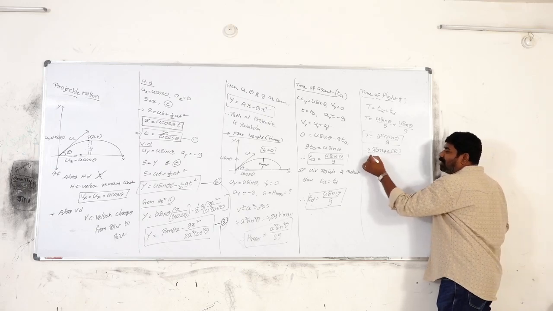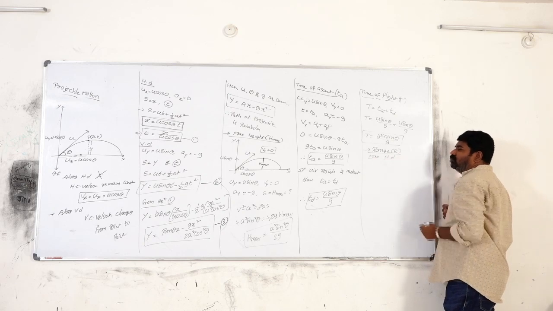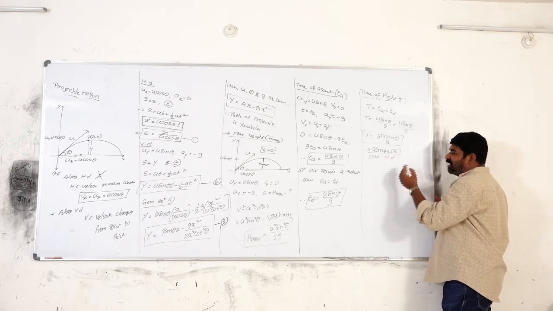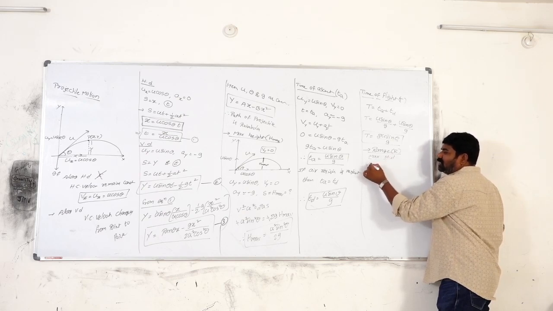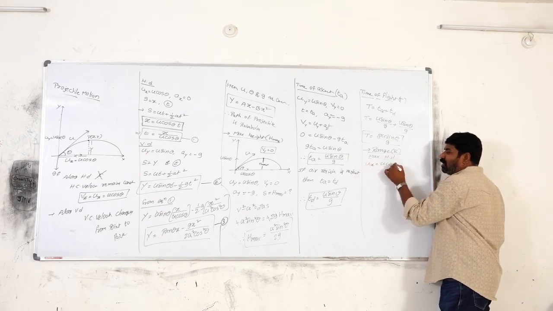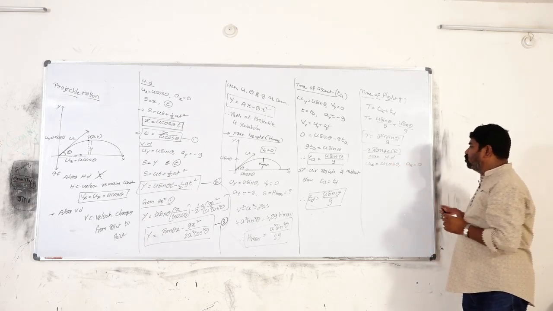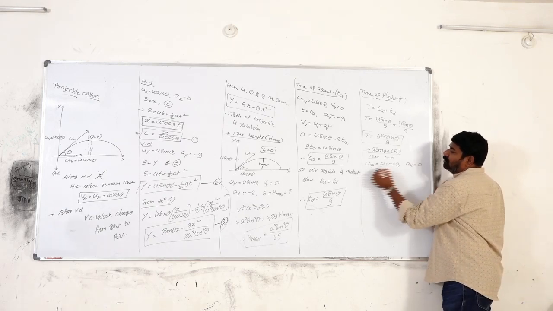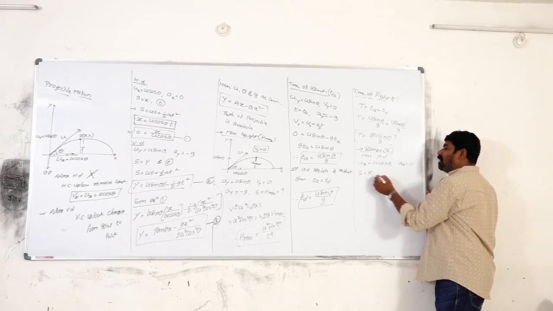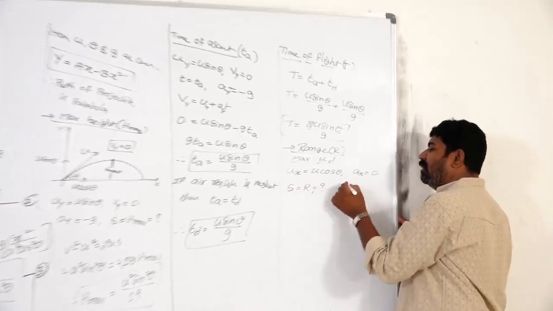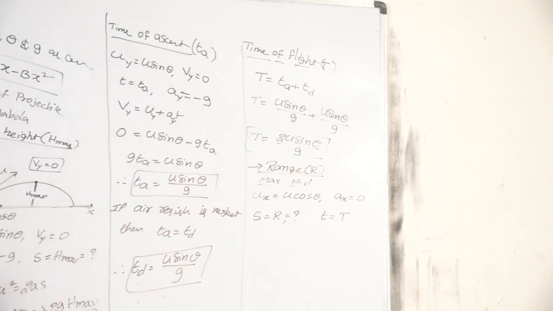For that horizontal distance, the initial horizontal velocity is u cos θ and the horizontal acceleration is 0. The maximum horizontal distance traveled is the displacement R. The time we want to use is the time of flight.